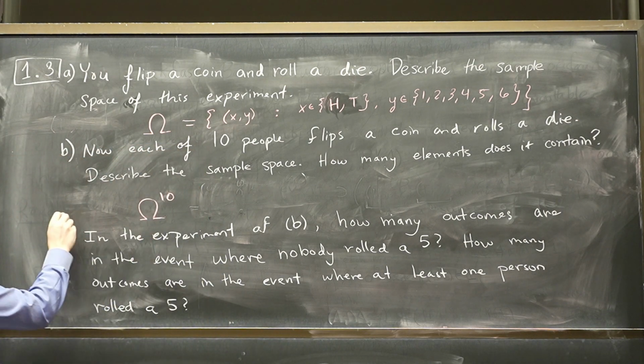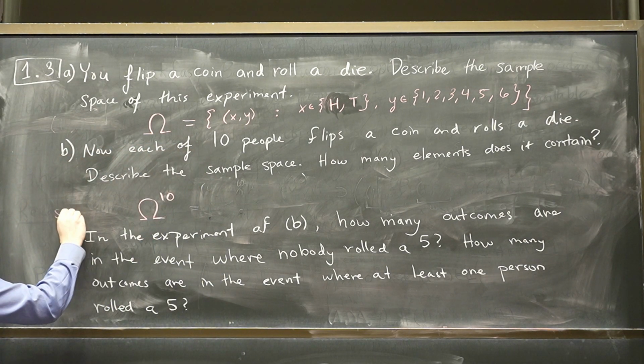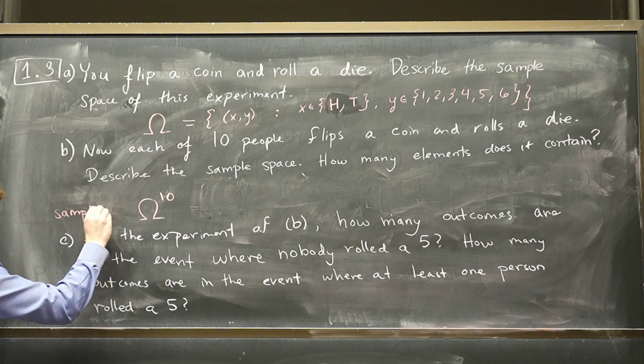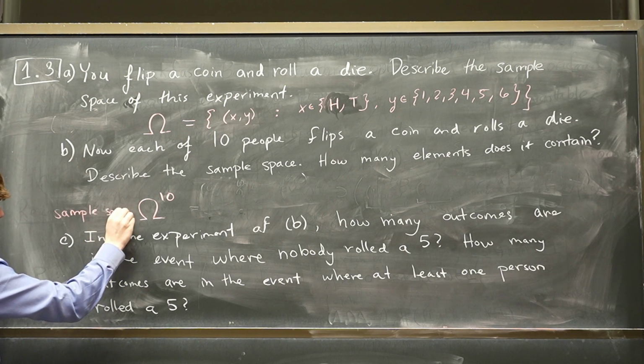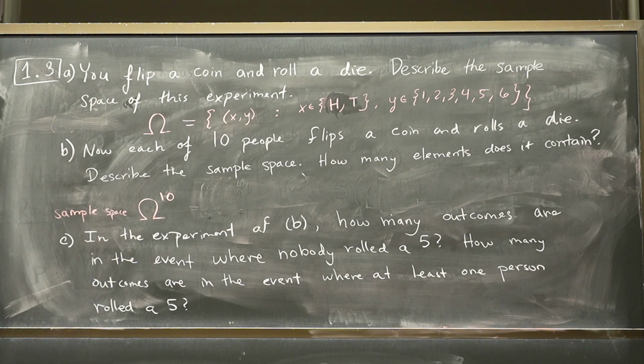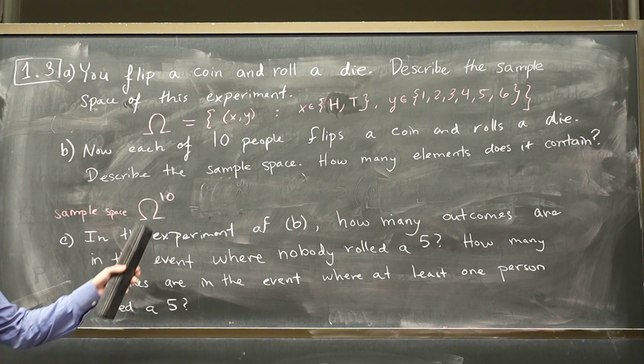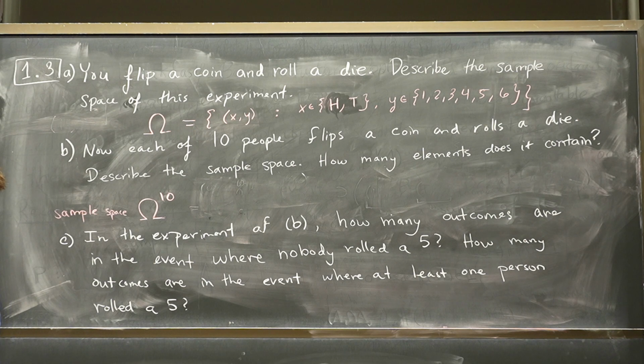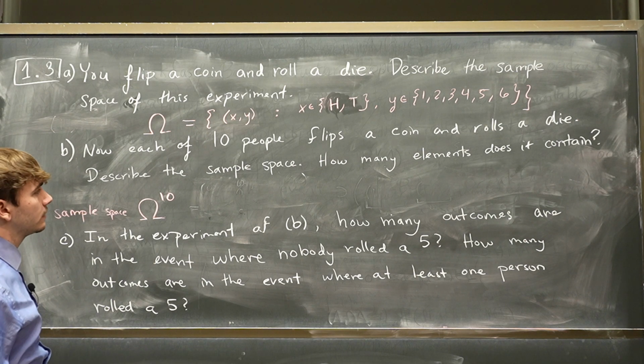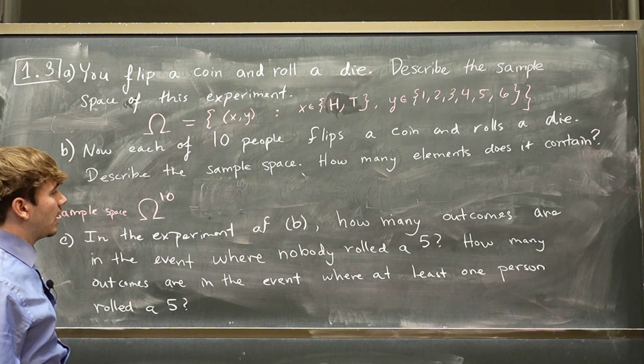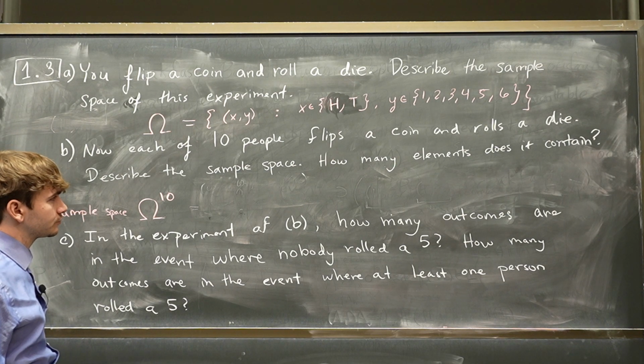So long story short, the sample space is simply our original sample space raised to the power 10, where this power is with respect to the Cartesian product. Now, how many elements does it contain?